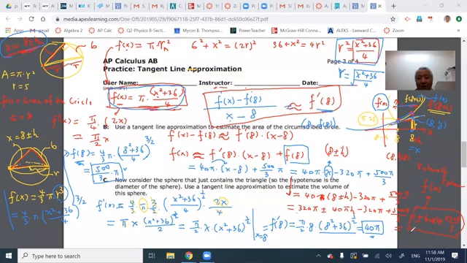Okay? Now let's go back. What do we have right now? For this one, similar to what we did for B, the only difference between this question C and B is the objective function. The objective function right now is the volume of the sphere instead of a circle, okay?